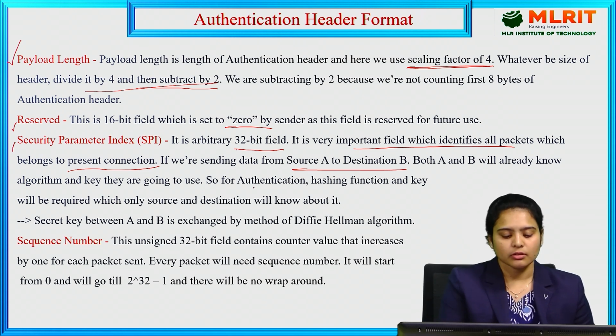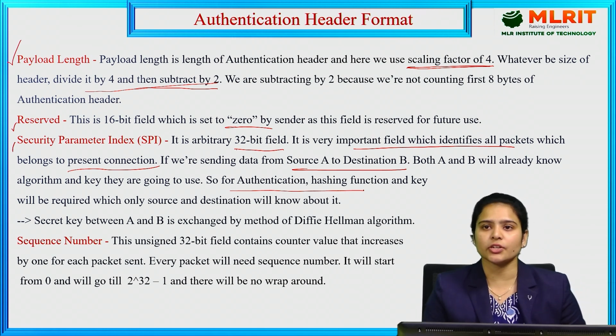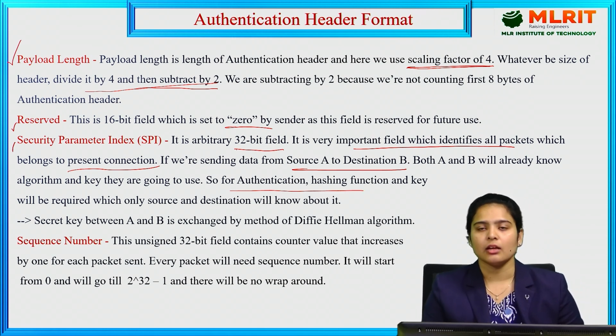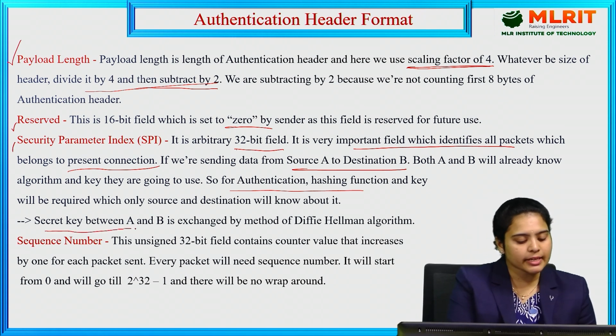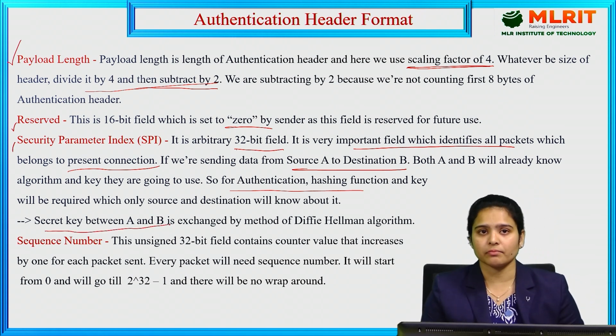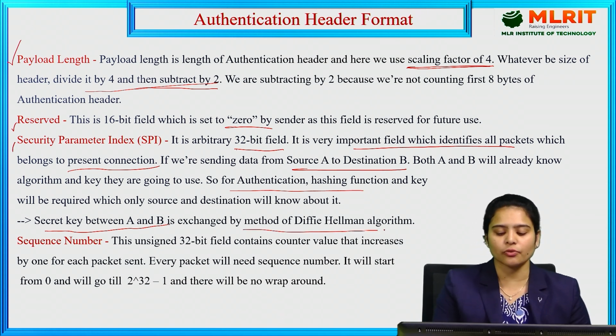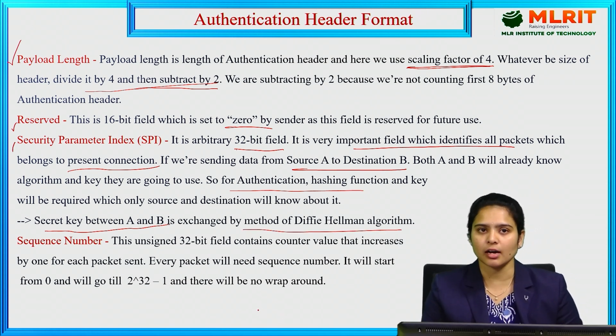They use an authentication algorithm and a hashing function, and also a key, known only to the source and destination. So there will be a secret key between A and B, from source to destination. An example of this key exchange method is the Diffie-Hellman algorithm.